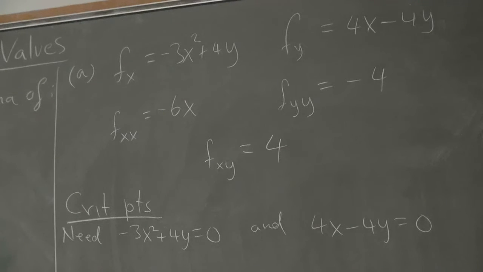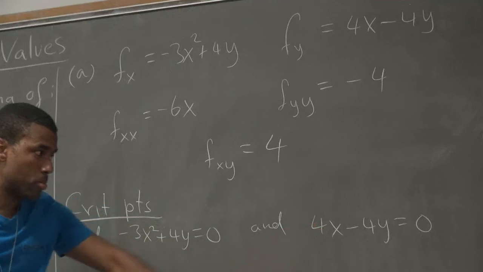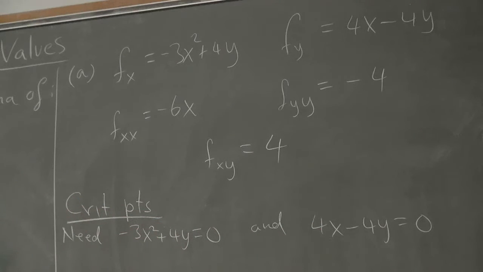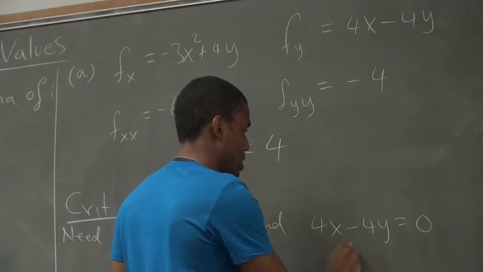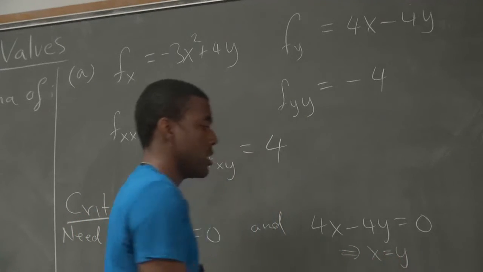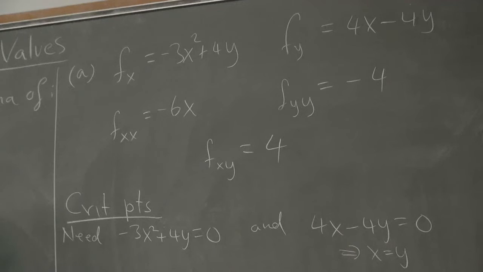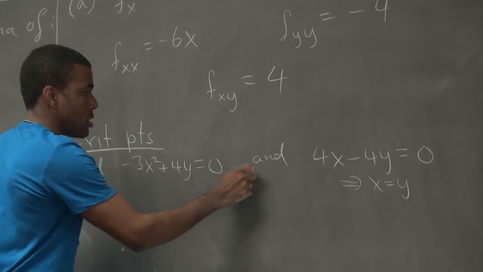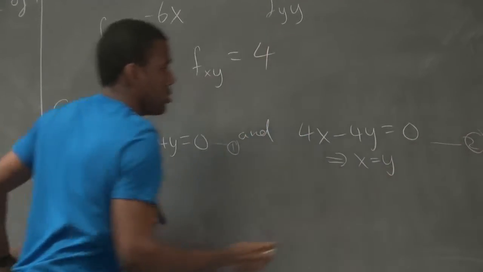In general, because it's not always linear, I find that solving for one variable from one equation and then plugging into the other and finding all the zeros that way is a good way to go. This is equation 1, this is equation 2.